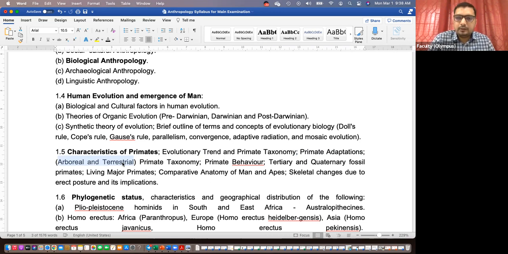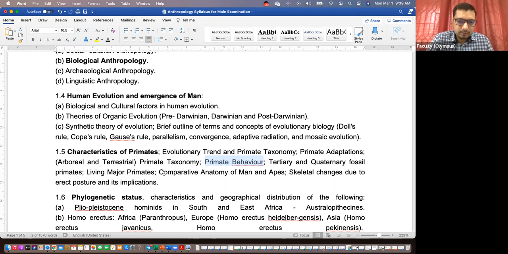That is, for land survival and for surviving on the trees. Arboreal means surviving on the trees and terrestrial means on the ground. So: taxonomy of primates, adaptations of primates, and behavior of primates. We are going to cover these.